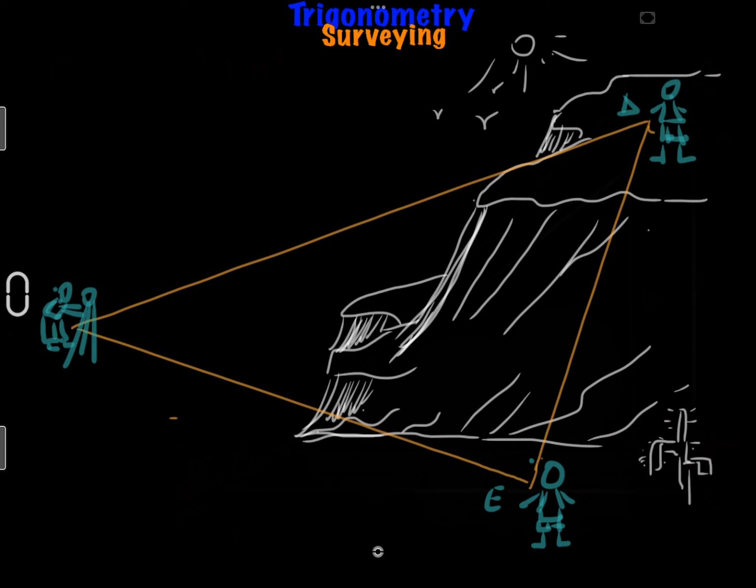Okay, in other words, from D to E, it represents the distance across the valley. And this distance is 147 meters.